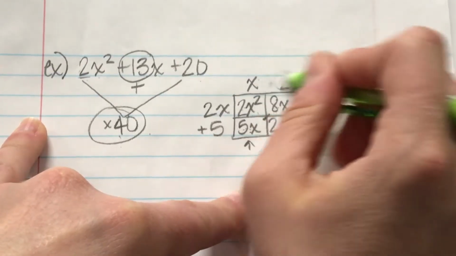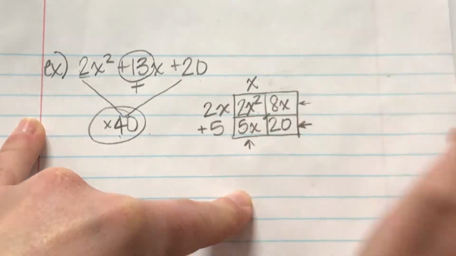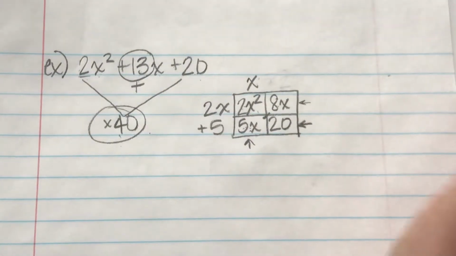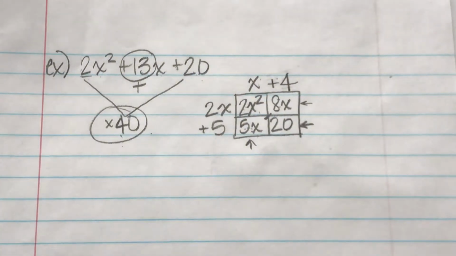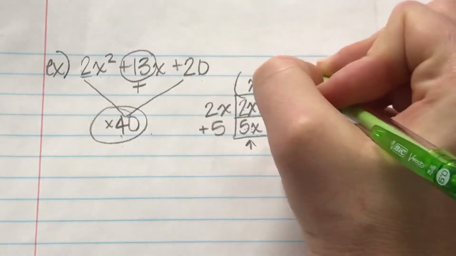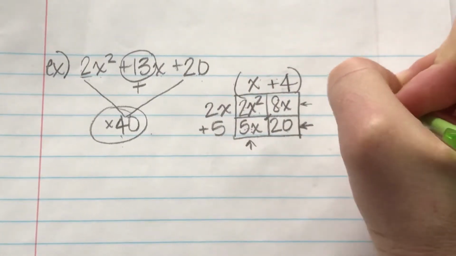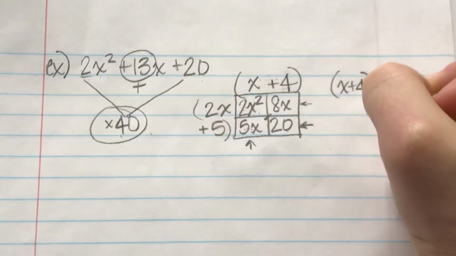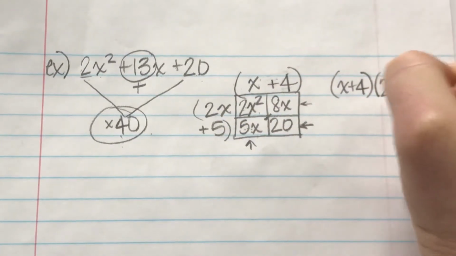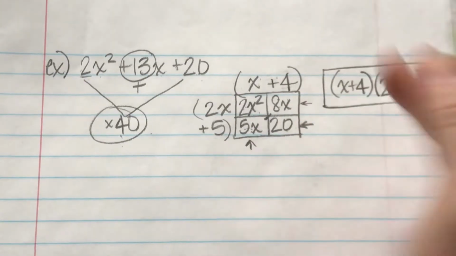So we need to go back and think about this greatest common factor again, and hopefully you will recognize that actually a 4 is the greatest number that they have in common. So there you have your factors. One of them is x plus 4, and then it's going to be multiplied by the other one, 2x plus 5. Okay, so there you go.